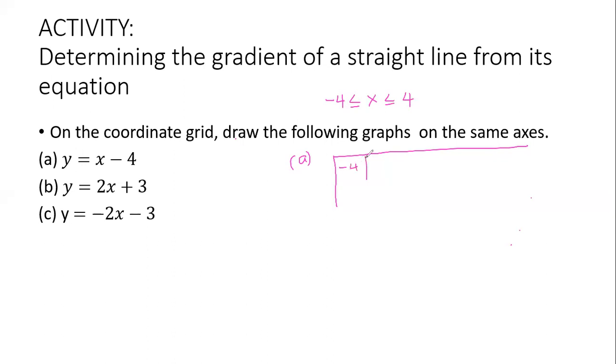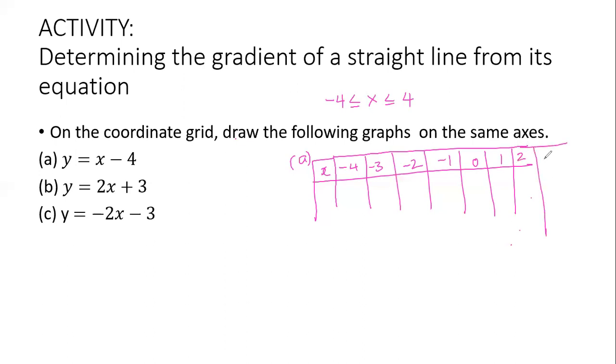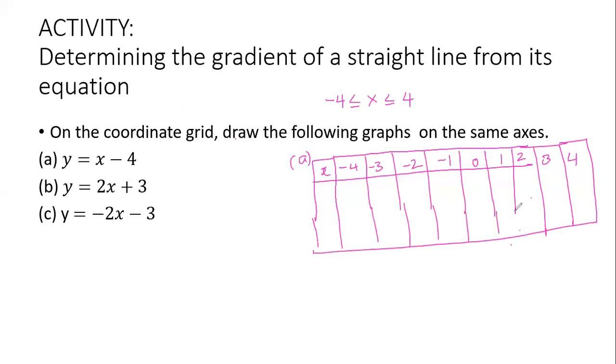So I'll start from -4. I'll have x: -4, -3, -2, and 0, 1, 2, 3, and then 4. So come up with your simple table of that nature. Now, after coming up with your simple table, you'll have the y value.